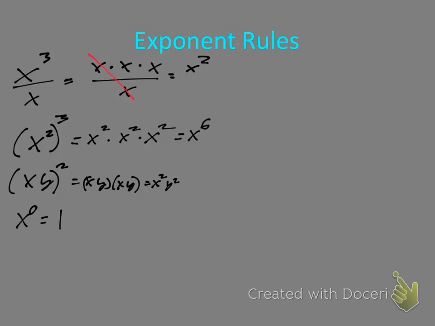Now, the one that people most often get messed up with. Let's say it's 1 over x to the negative 3rd. What's that change to?